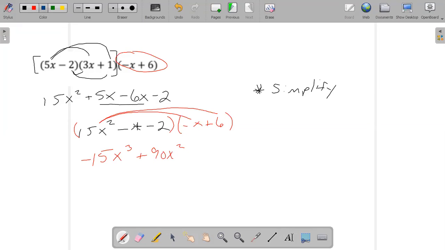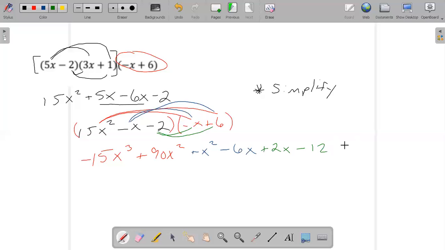Then we just continue on and we keep working. Negative x times negative x is positive x squared. Negative x times 6 is going to give me negative 6x. And then finally for the last one, we've got negative 2 times negative x is positive 2x. And then negative 2 times positive 6 gives me negative 12.